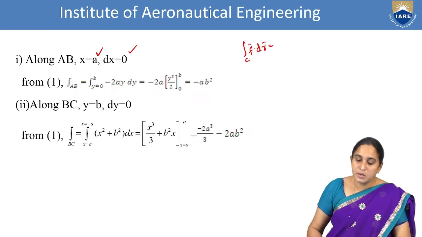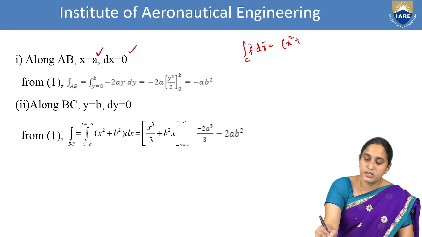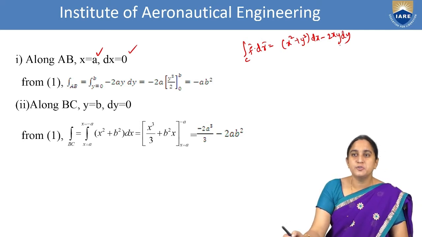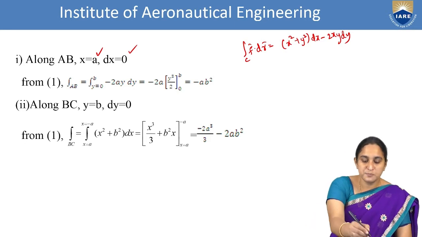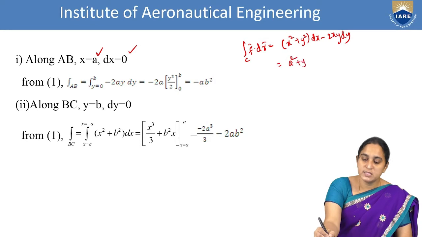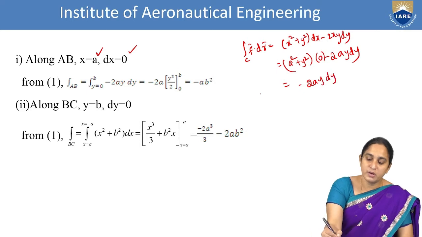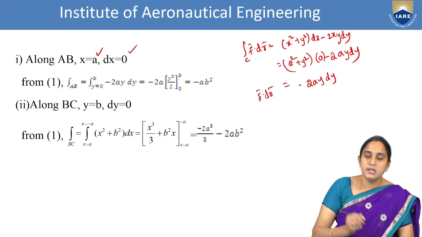From the previous step, x square plus y square into dx minus 2xy into dy. Now substitute all these conditions here. X is a, that is a square plus y square into dx as 0, minus 2 into x as a, y into dy. After substituting all here, we got minus 2ay into dy, that is f bar dot dr bar.